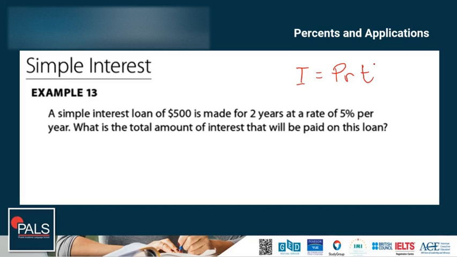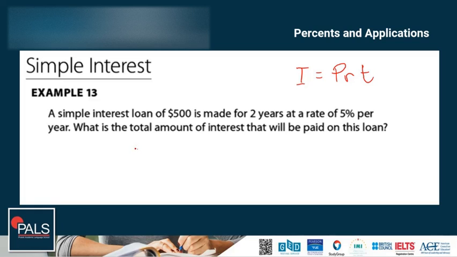This is one of the more straightforward types of interest problems you may see. You are given the principal, the $500, the time in years, 2, and the rate of 0.05. Therefore, to find the total amount of interest that will be paid, just plug these numbers into the formula.